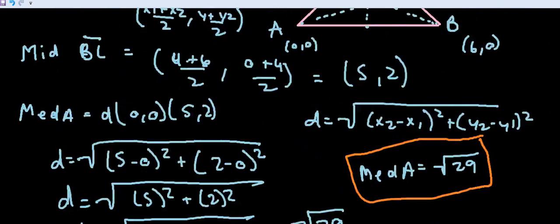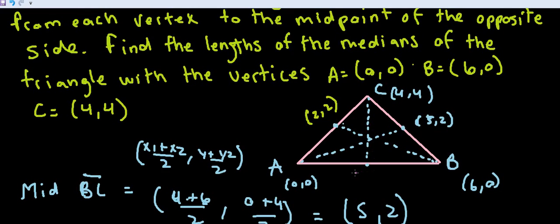Now we have this midpoint, 3, 0. We need to find the distance between 3, 0 and 4, 4.